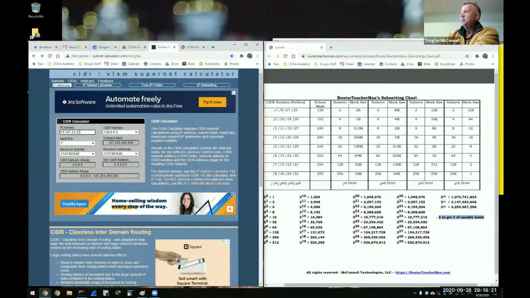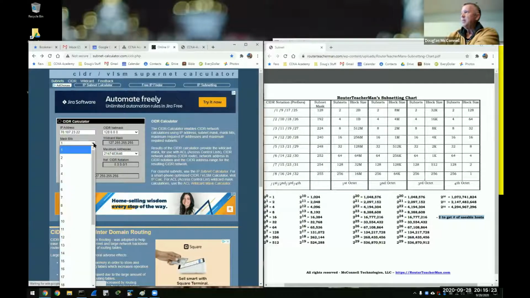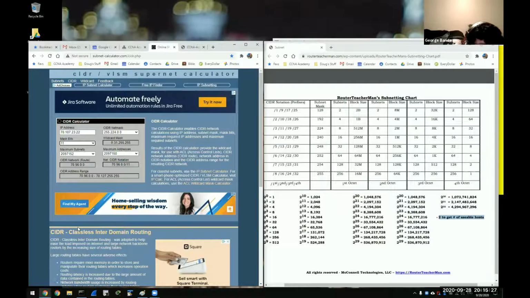And what were our mask bits? 11, right? Our CIDR netmask is 255.224.0.0. 2,097,152. Maximum hosts, 2,097,150.